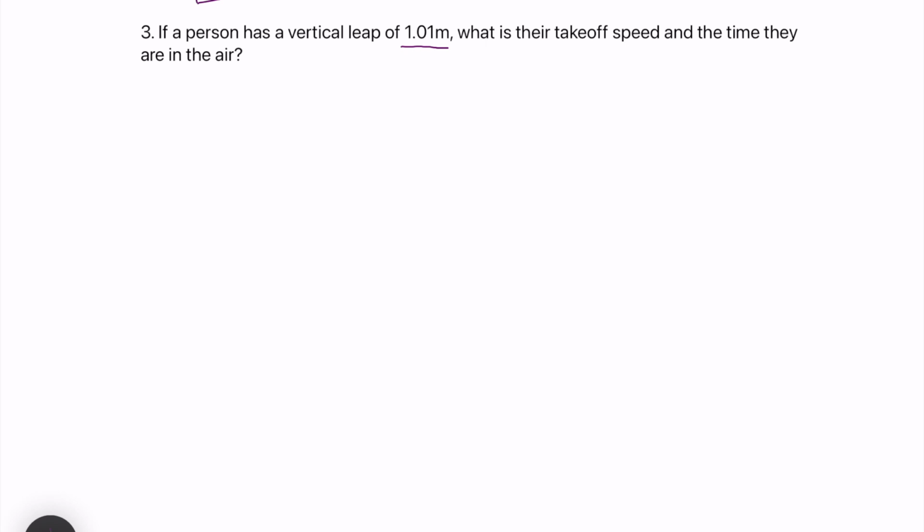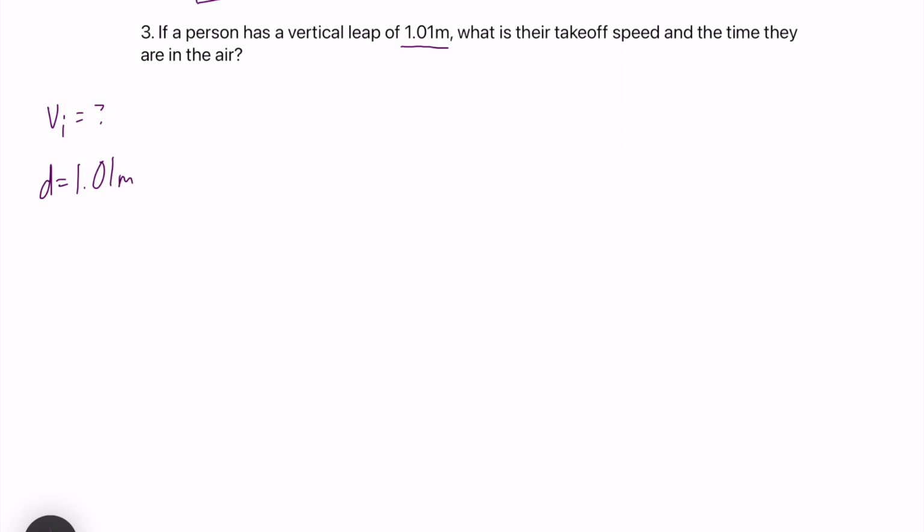So we are looking for the takeoff speed, so that means we're going to be looking for the VI, okay? We also know the distance. That's kind of what it gave us. We have 1.01 meters. We also know the acceleration.